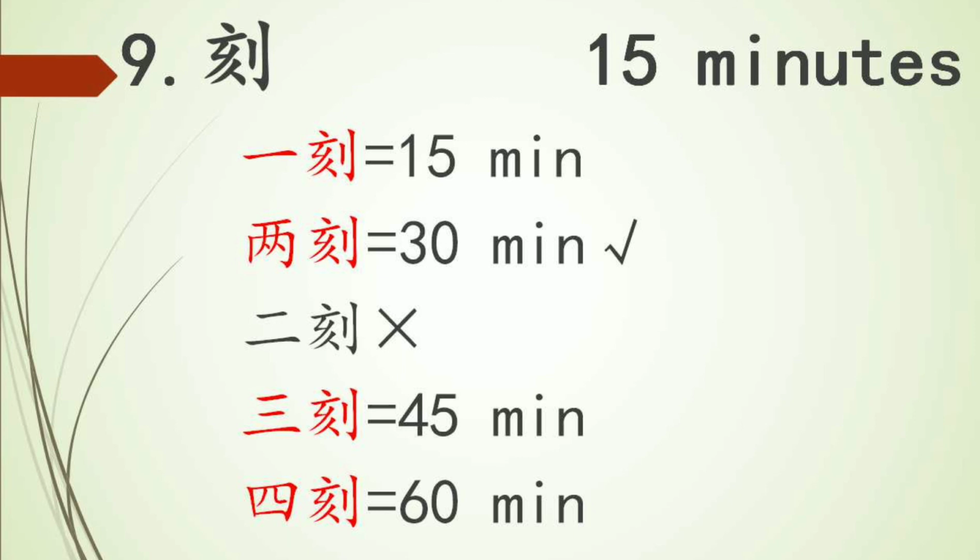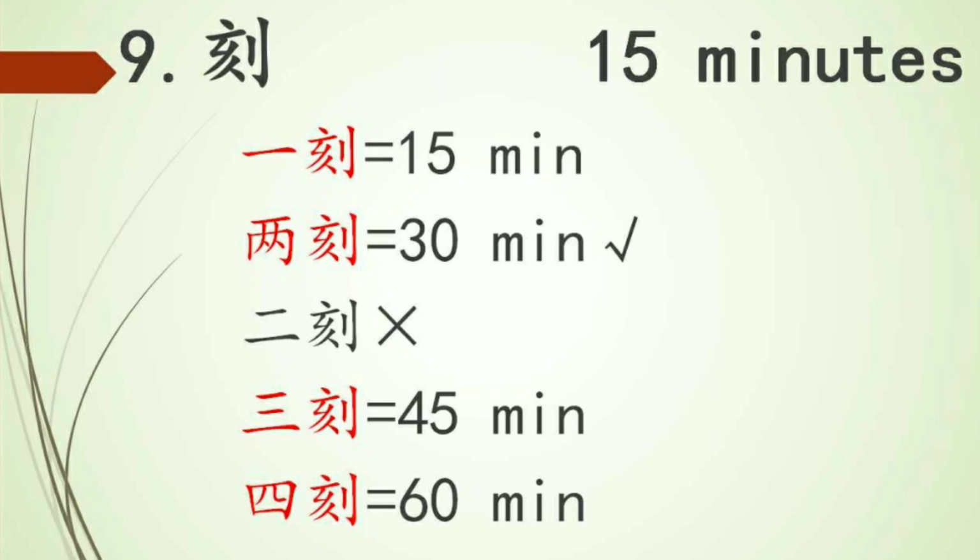Pay attention to 两课. We know that 两 can describe nouns and 二 cannot. 二 is only used in counting numbers. So here it is 两课, not 二课.